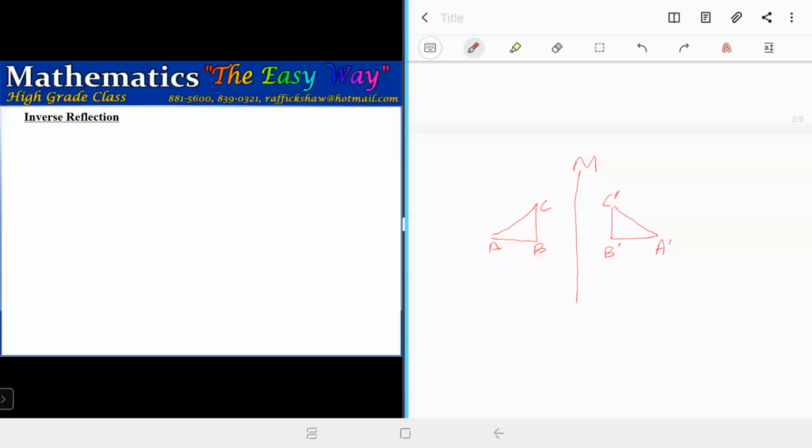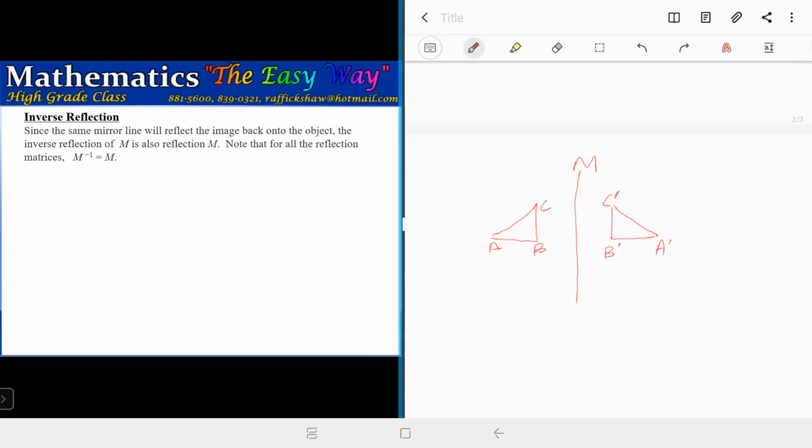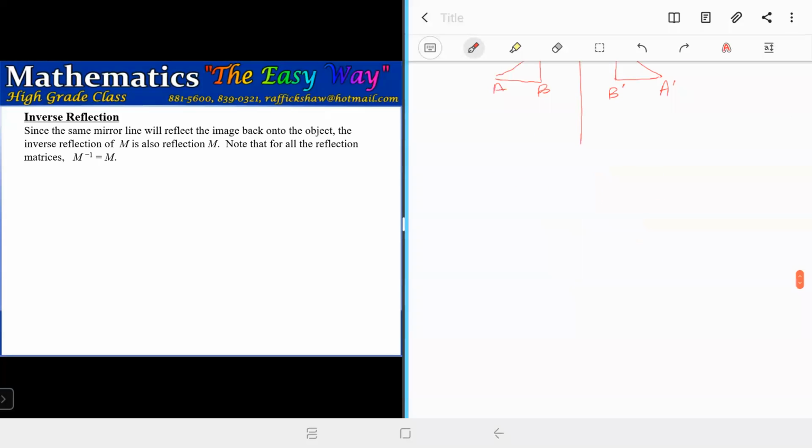And that's what this is going to say. Since the same mirror line will reflect the image back to the object, the inverse of a reflection M is also reflection M. Note that for all the reflection matrices, if you calculate the inverse of any of them, you're going to get the same matrix. For example, one of the reflection matrices is negative 1, 0, 0, 1. That's a reflection in the y-axis.